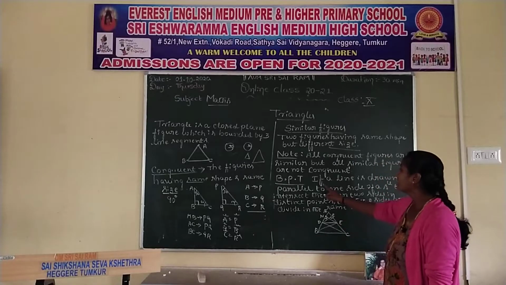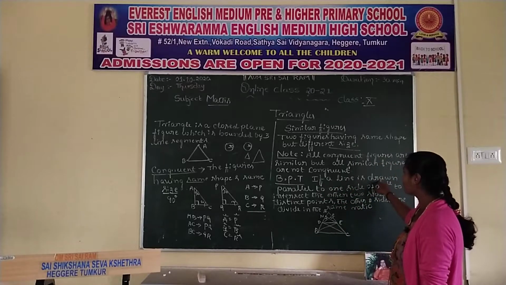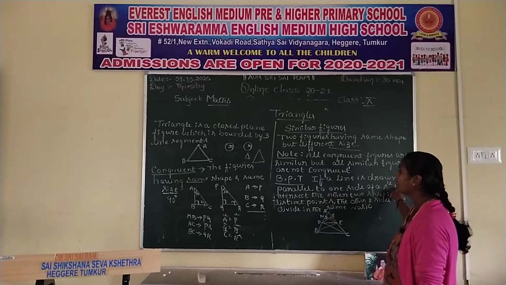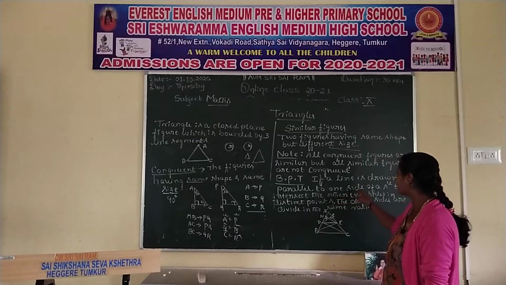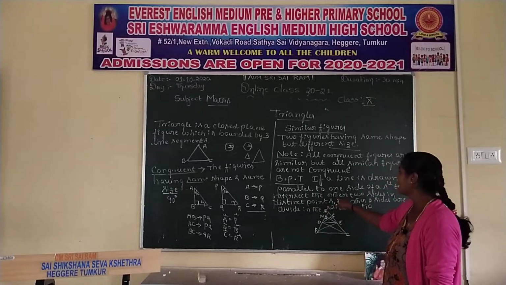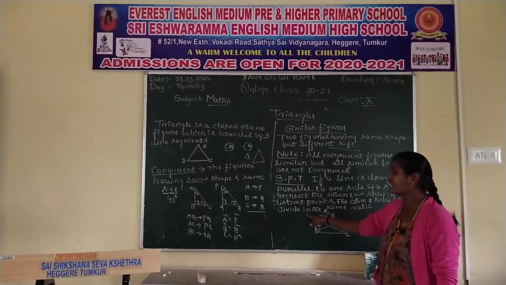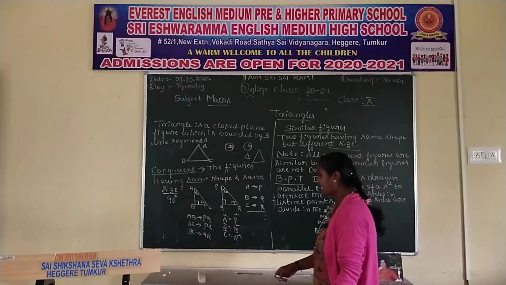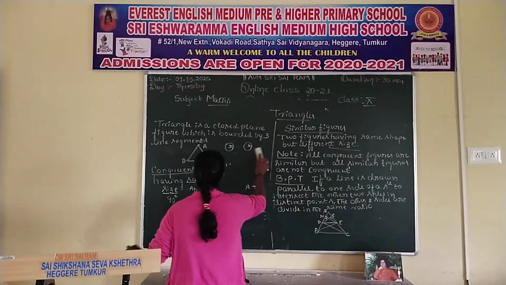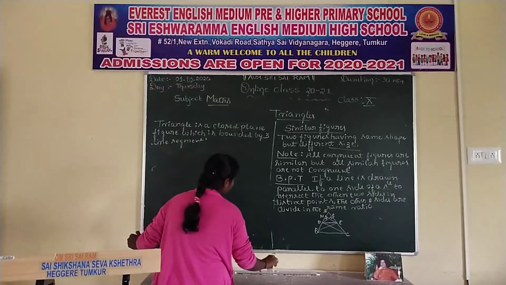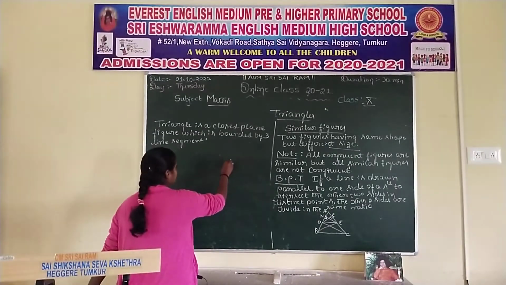See here, if a line is drawn parallel to one side of a triangle to intersect the other two sides in two distinct points, the other two sides divide in the same ratio. I'll explain the statement of BPT.